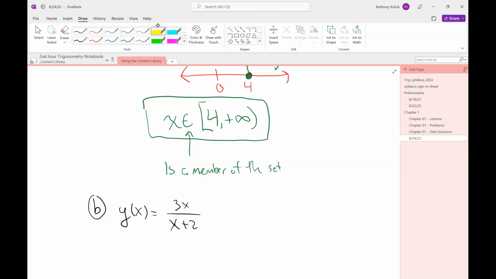Okay. The next one, g of x equals 3x over x plus 2. All right. Can this function become undefined? Could we square root a negative or divide by 0?